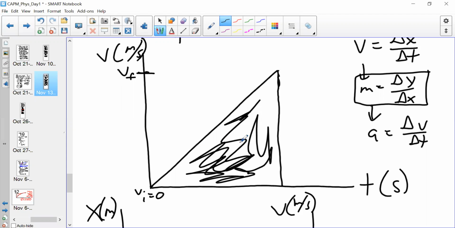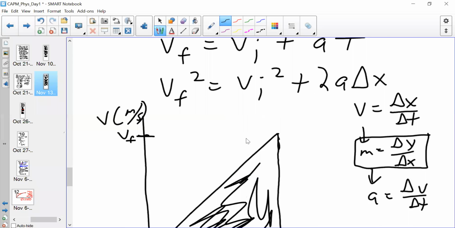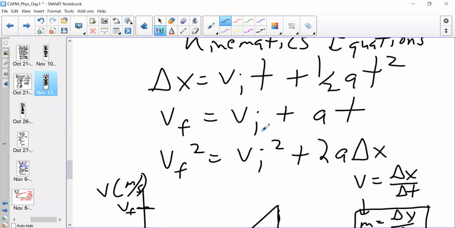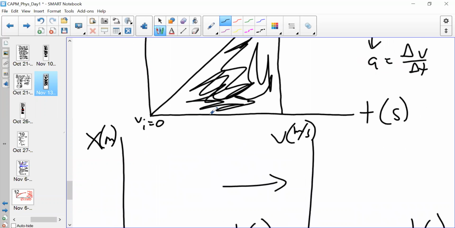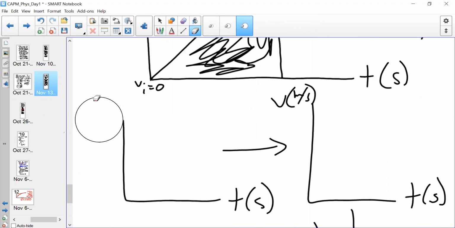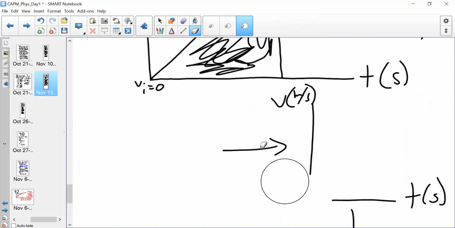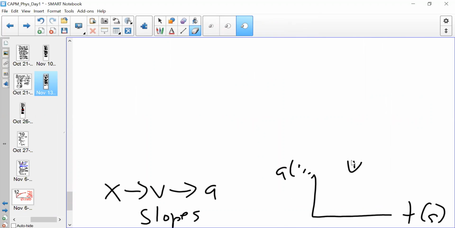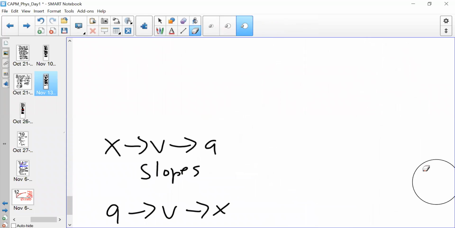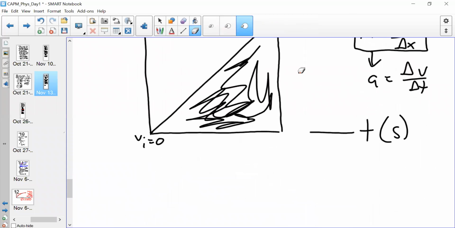The area of this right triangle here will give us the displacement, or the last formula that we need for our motion equations, and then we'll look at some examples of that in section 2. All right, so let me erase this part. So keep that for a moment.